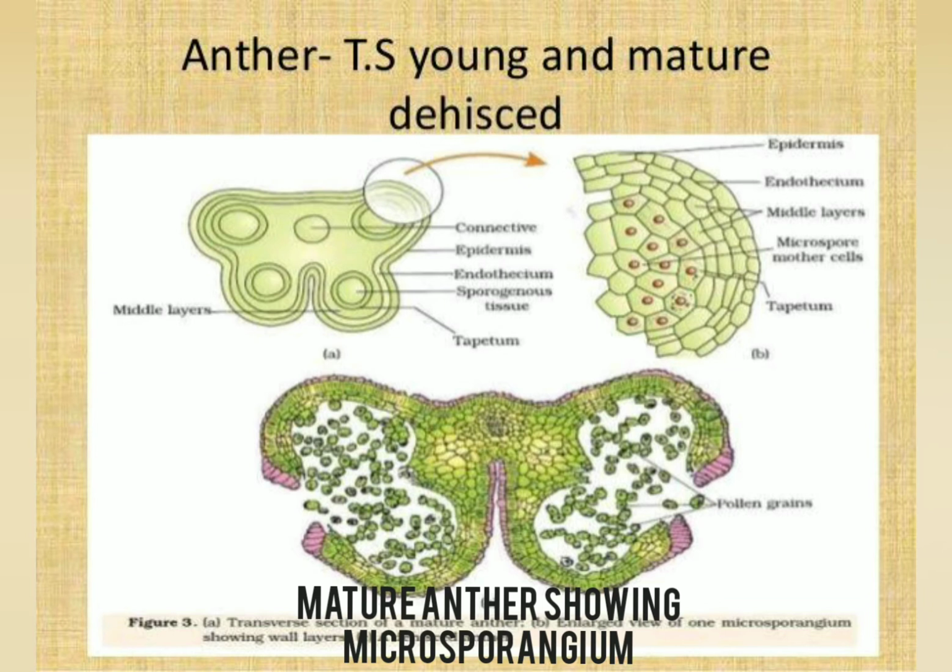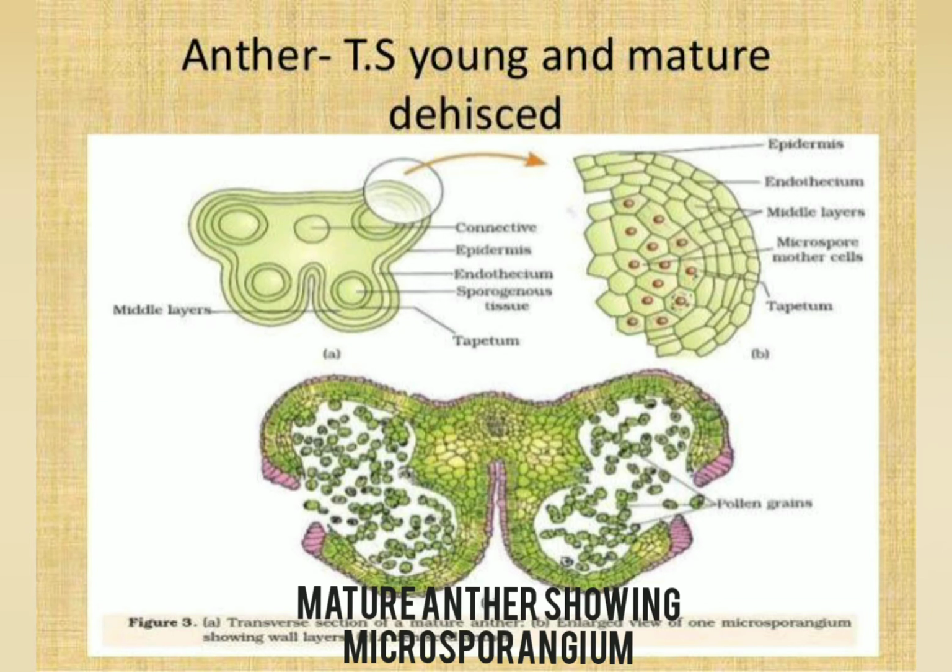Now see, this is the section of a matured anther showing microsporangium. The microsporangium in its transverse section consists of four layers. They are epidermis, endothecium, middle layer and tapetum.